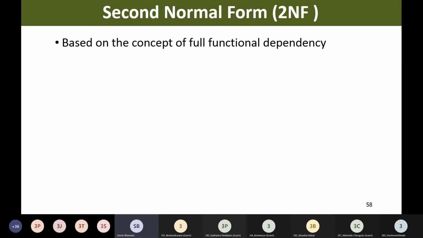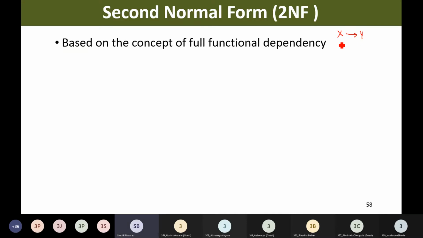So second normal form is based on the concept of full and partial functional dependencies. We have seen these kinds of dependencies earlier. We have a functional dependency of the form, say X determines Y. X is a set of attributes, and Y is another set of attributes, and X determines Y, and that is the functional dependency.